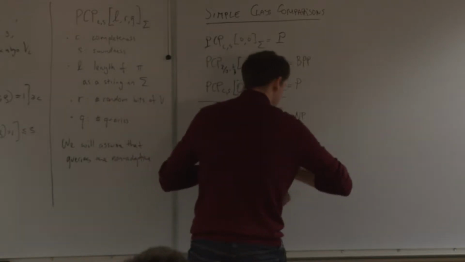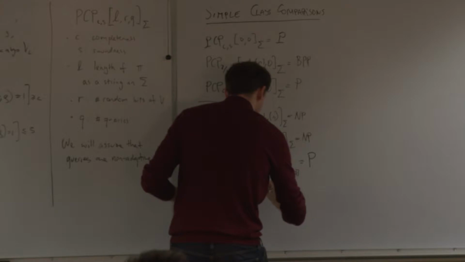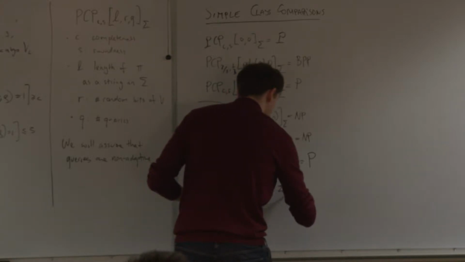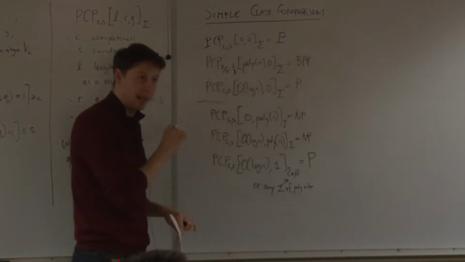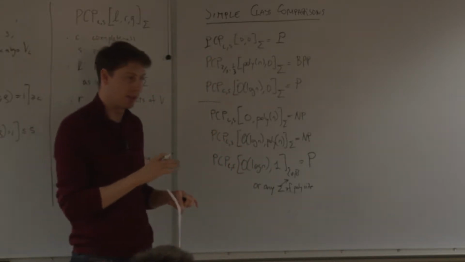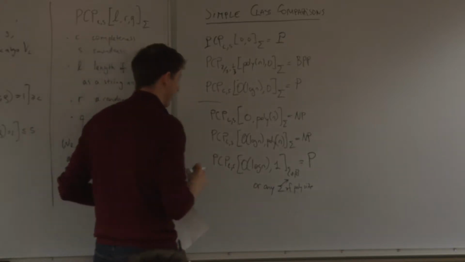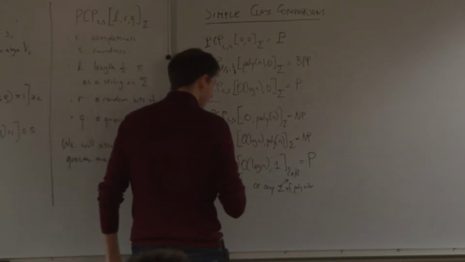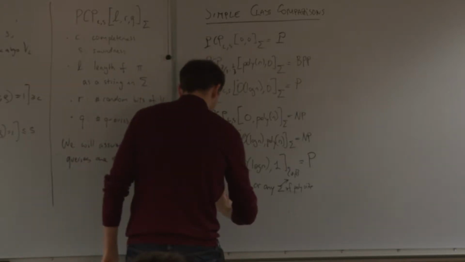So 0, 1, definitely it's P. And here I can also put any sigma of poly size. Again, not the element from sigma, the size of sigma. If it was the size of an element, it would be polylog, right?